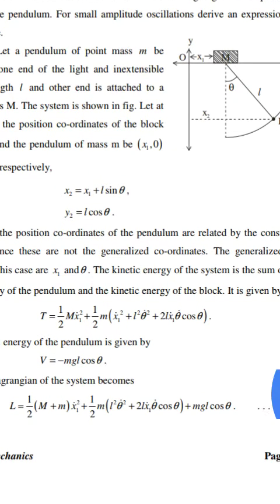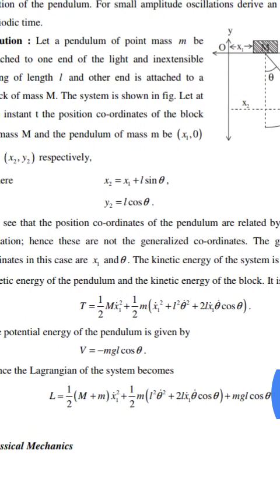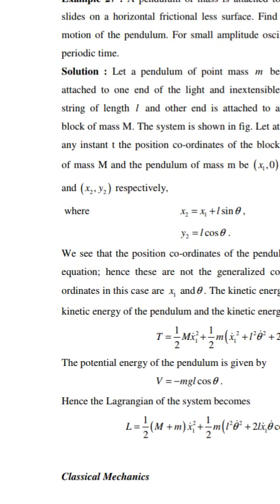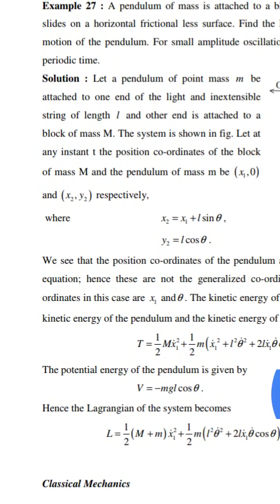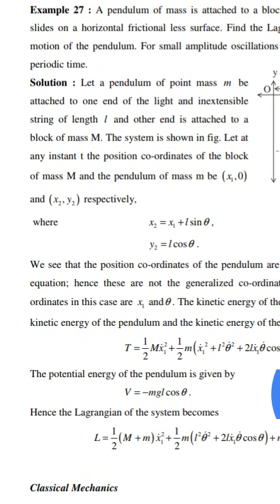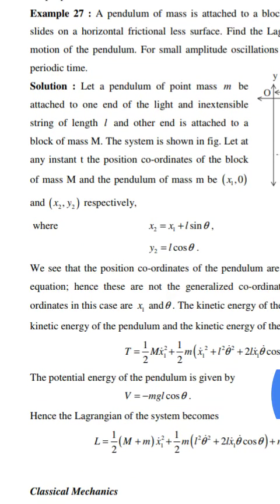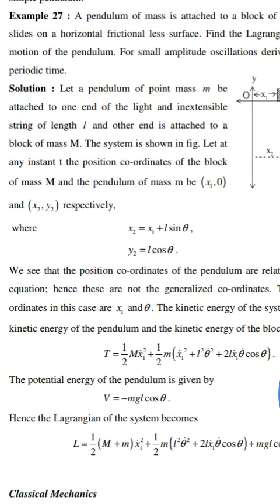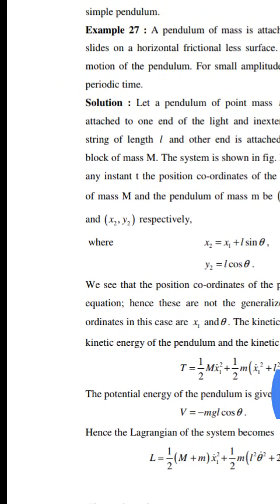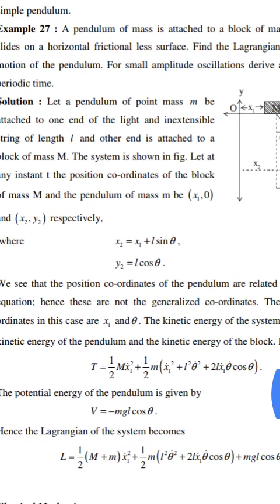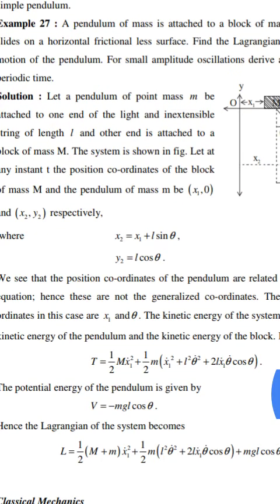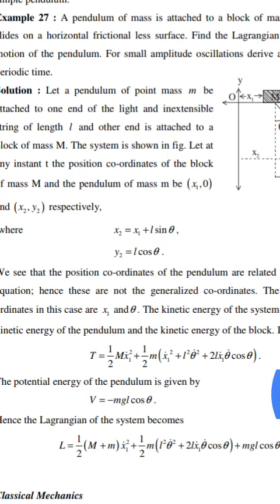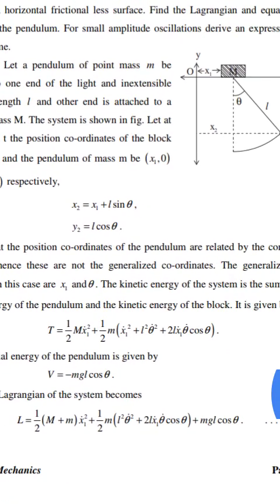Consider a pendulum of mass m attached to one end of a light inextensible string of length L, and the other end is attached to a block of mass M, capital M. The system is shown in the figure.